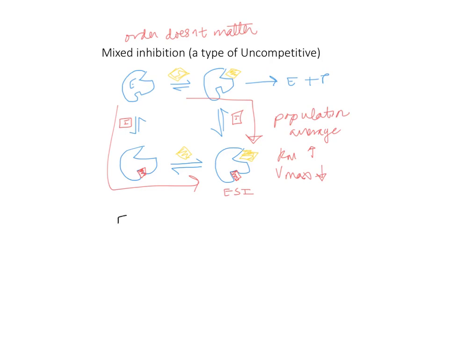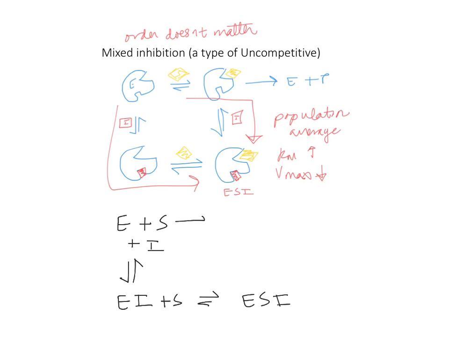Okay. So again, we have E and S, and we have I all mixed together. If I binds first, then we have EI, and then S binds second to get to the ESI.